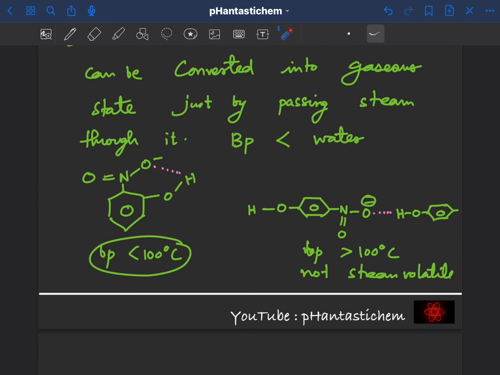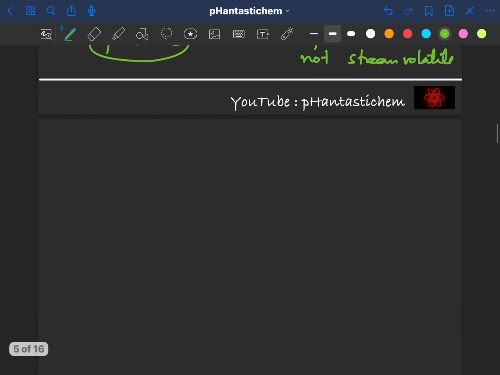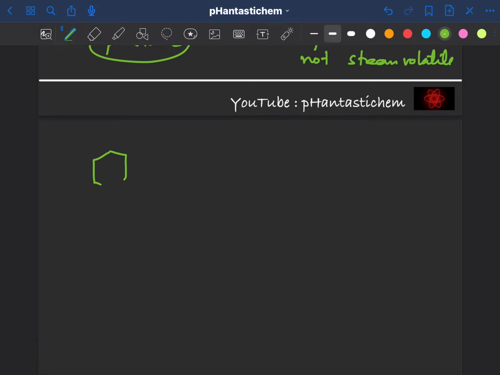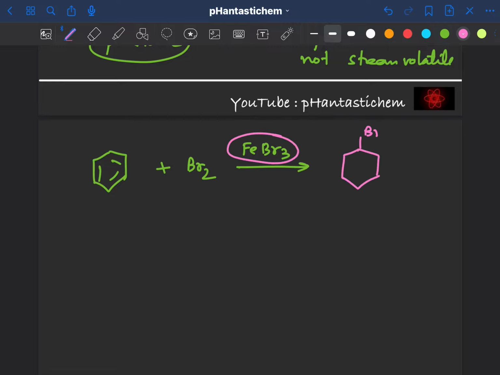Okay, now coming back to the question. In the question, they have given us a benzene ring first and bromine with catalyst FeBr3. So this is a typical case of electrophilic substitution. This is a Lewis acid. Okay, so we will get bromobenzene as our product. You can attach this bromine at any position of the benzene ring.